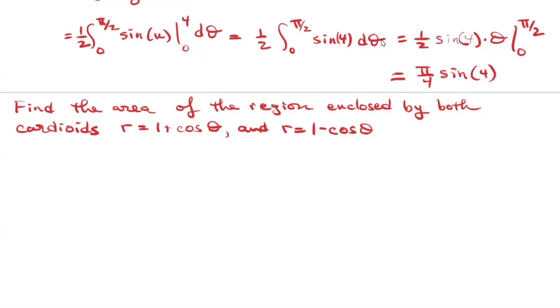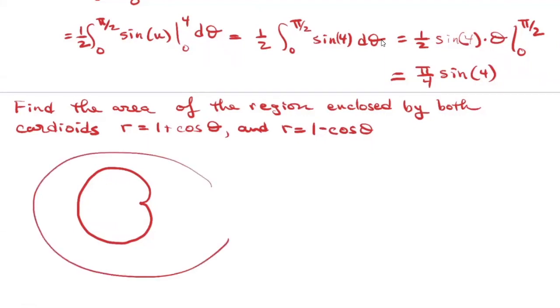Otherwise, I'm just sort of going to give you the graphs because you have covered cardioids before, and they are called cardioids because they sort of look like hearts. So that's a cardioid. I don't know if it looks like a heart or something else, like a butt maybe, but I'm ashamed to say that, so I won't say it. Okay, so that's a cardioid.